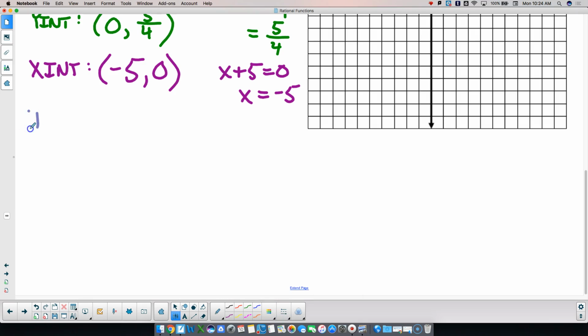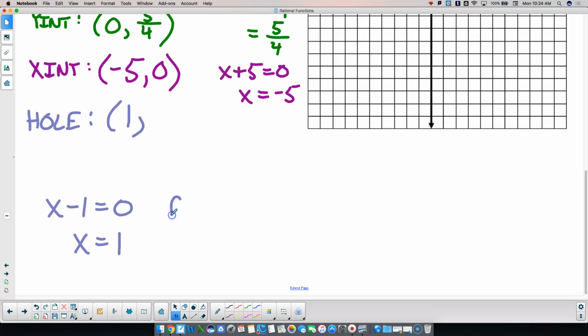So I have my hole. So what did I factor out? So x is equal to 1. So my hole is at 1 comma something. How do I find that something? I plug that into my new function.